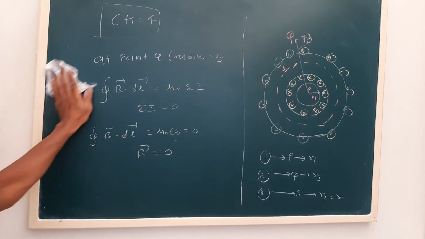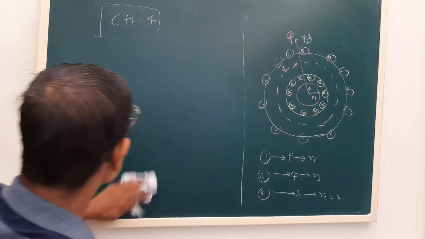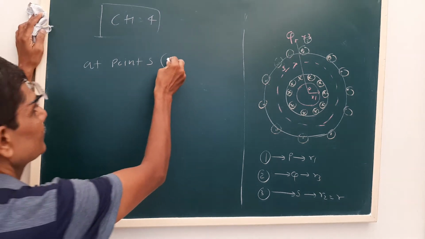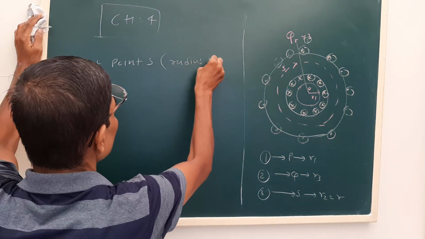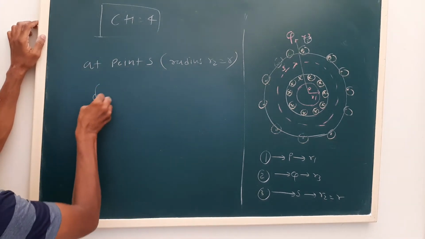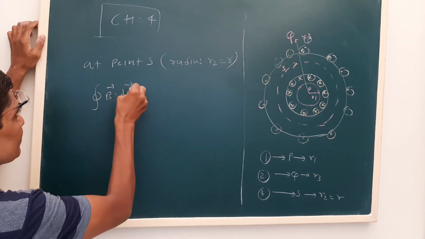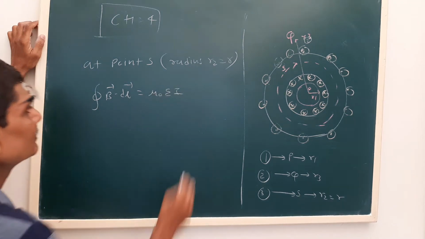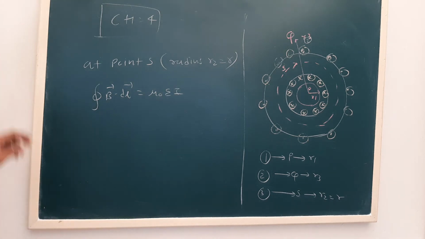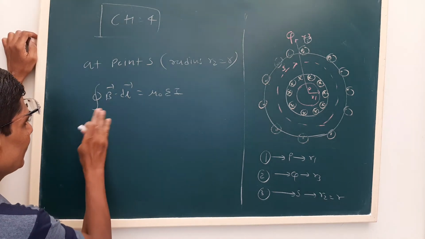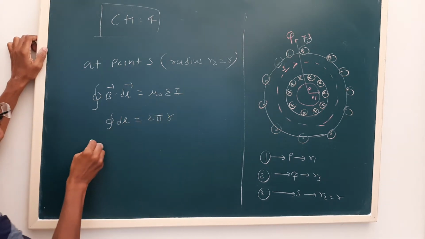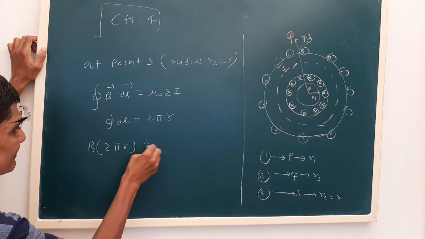So at a point S, the radius of the Amperian loop is R2, that is R. Now our equation is B dot dl equals mu 0 sigma I. Integration dl will be the circumference of the Amperian loop, so B into 2 pi R, times mu 0.